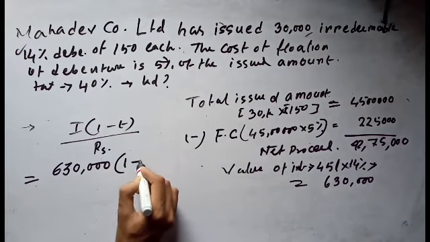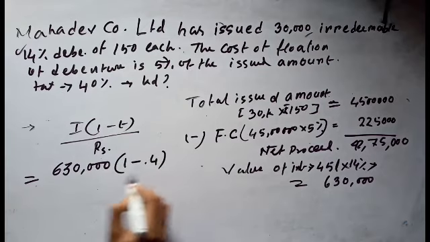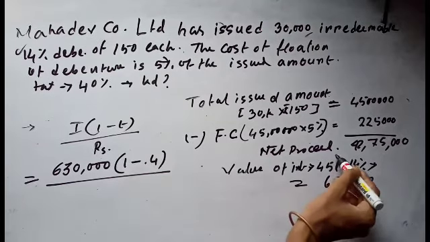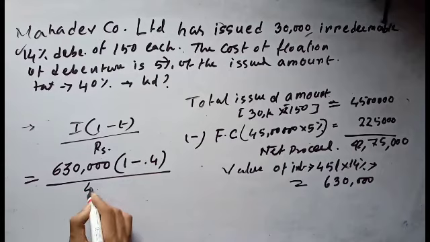What is the tax amount? 0.4. What is the issued price as the net proceeds?